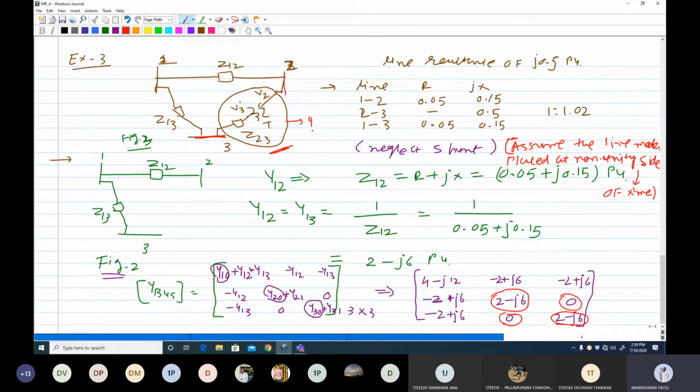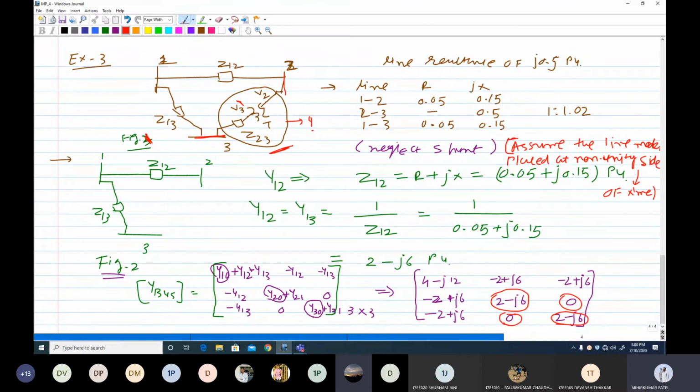Just look at figure number 1. Here it is given V dash and here it is V. So which one is the non-unity side? Just recall the transformer theory. It is given the transformation ratio is 1:1.02.